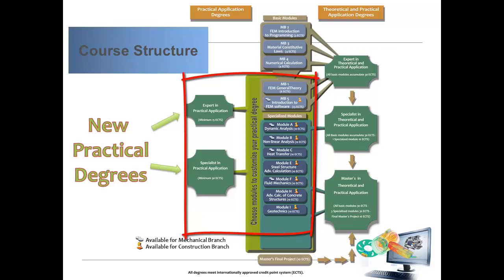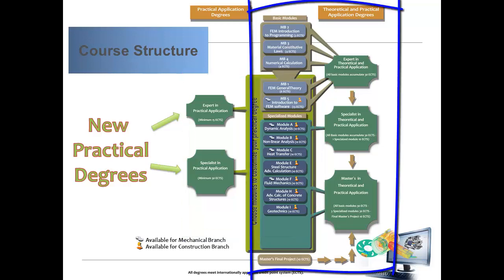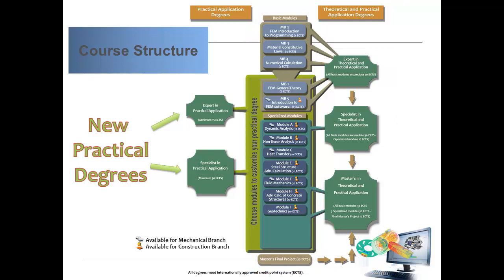We'll cover all the modules that are inside of this part, and the traditional theoretical and practical application degrees, which include all the modules, basic and specialized. Okay, I will first explain the new practical degrees, and then we will explain the theoretical and practical application degrees, which include fundamentals and practice with the software.